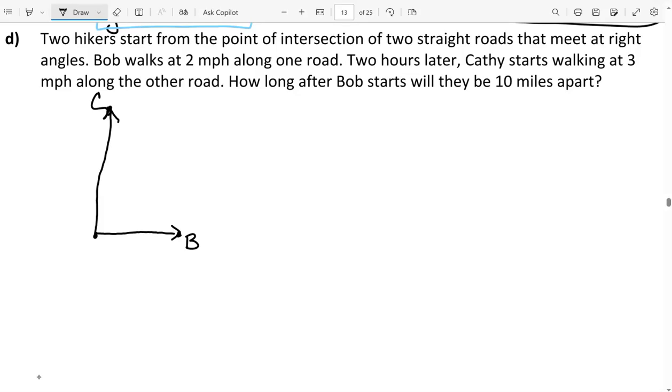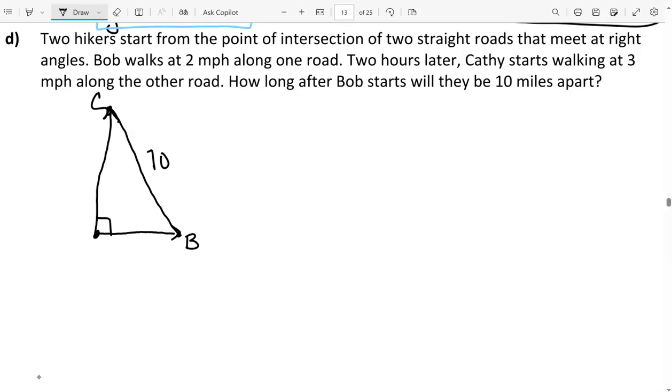How long after Bob starts will they be 10 miles apart? So that's their ending places. So we are looking for the straight line distance between Bob and Kathy. Now the two roads were at right angles to one another, so we're actually forming a right triangle.